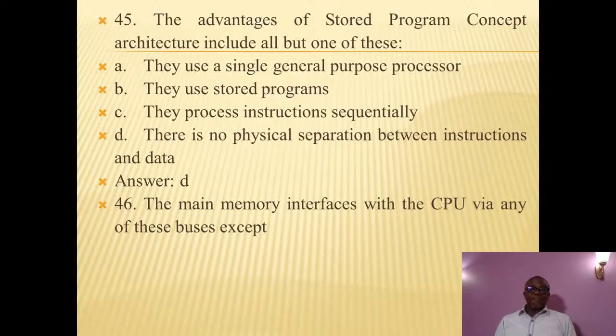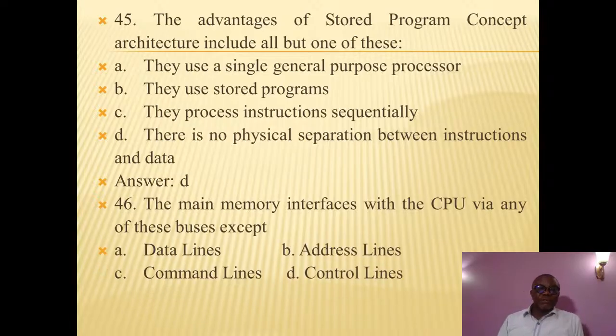So now the other one is: the main memory interfaces with the CPU via any of these buses except one. Which one? When we did the memory architecture, we saw that every memory chip is connected to the CPU through data bus or data lines, address lines, and control lines.